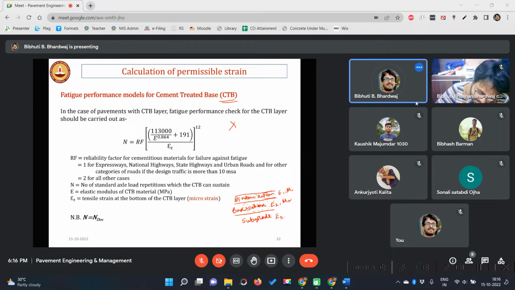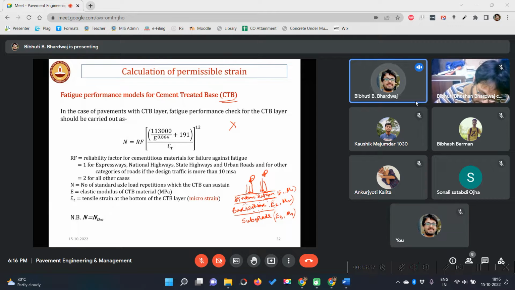Here also you need E3 and mu3. Okay, so these 3 data sets we need to know, and if we know the stress or the load coming into it, then using software, and at a later stage we will find out how to do it manually also.